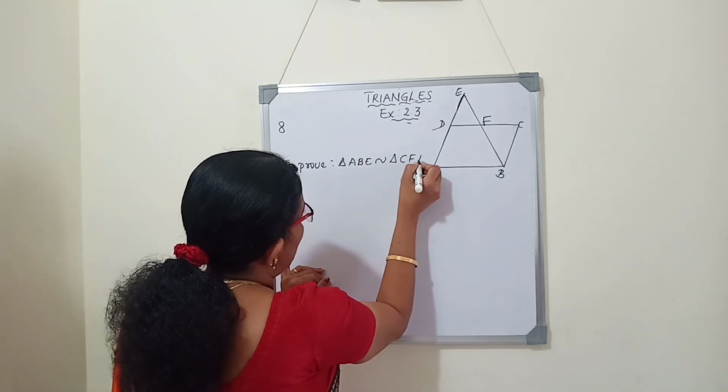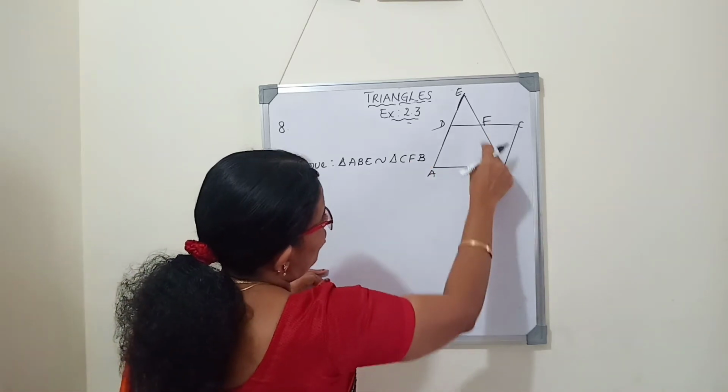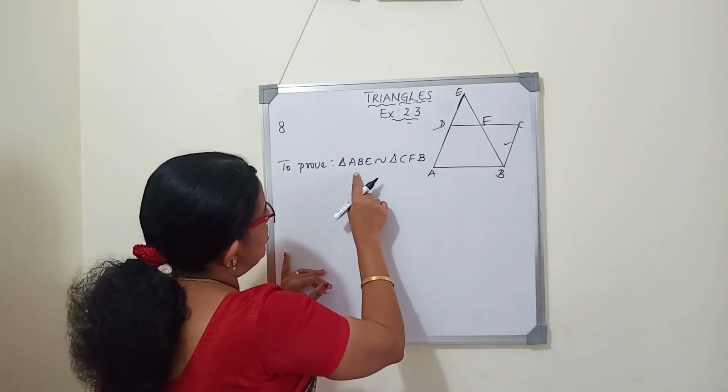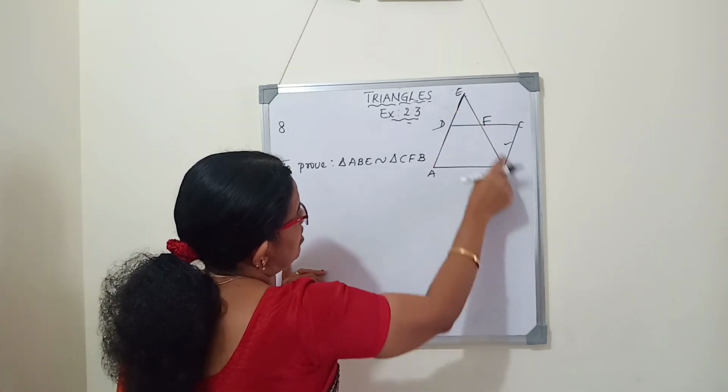CFB is this triangle and triangle ABE is this given triangle.